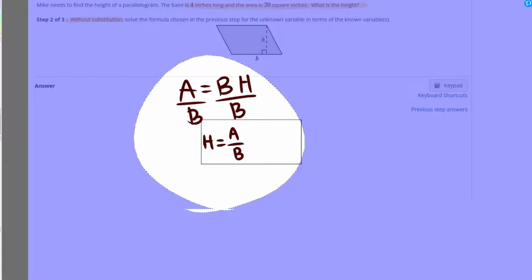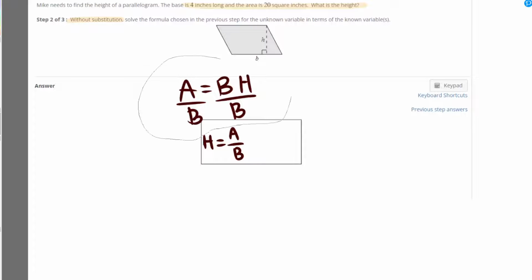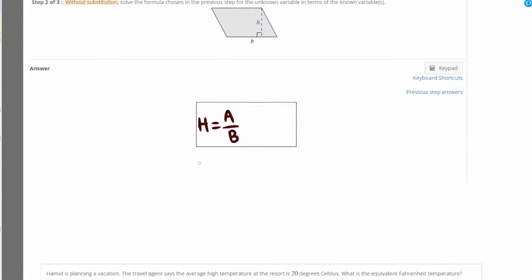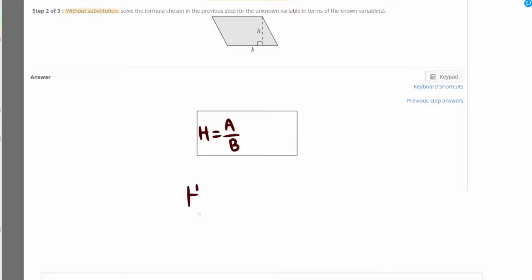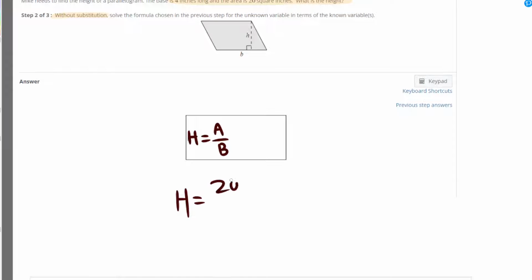We have our new manipulated formula: h, what we're trying to find, equals area, which is 20, divided by the base, which is 4. 20 divided by 4 is equal to 5. h is equal to 5.